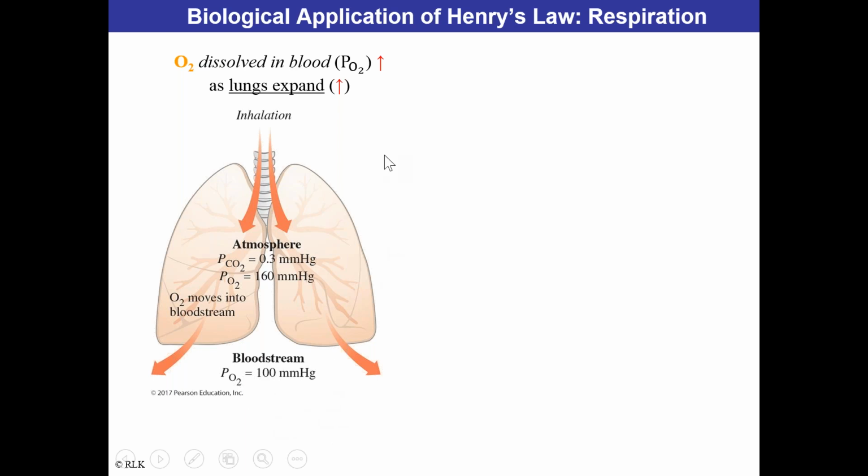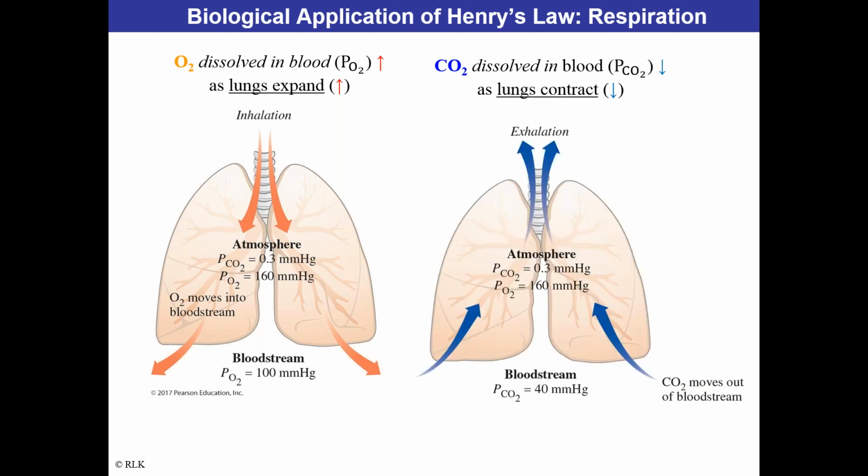So as oxygen dissolved in blood increases, the lungs expand, right? Everything scales like that. Now, if carbon dioxide dissolved in the blood decreases, lungs then are also contracting, right? So breathing out. Here in this particular case with the blue, the CO2 moves out of the bloodstream.